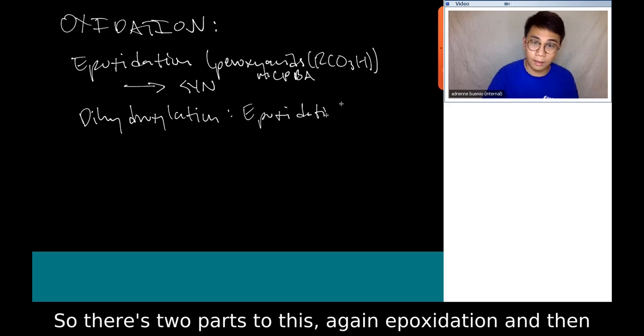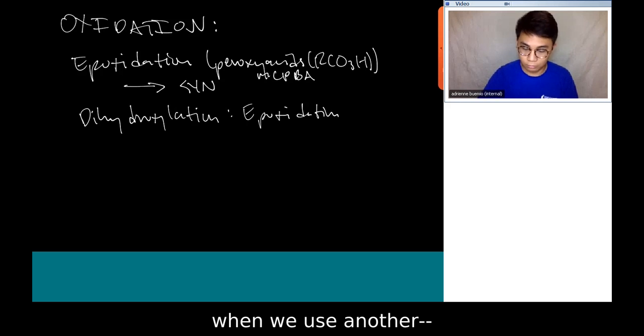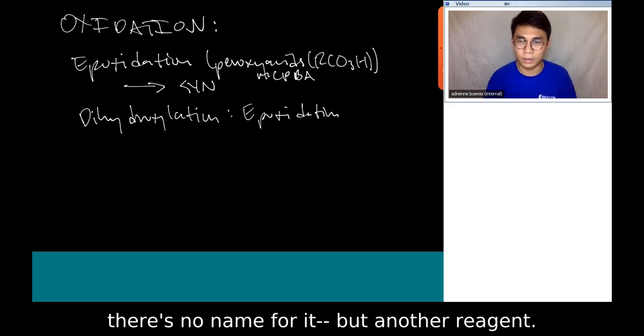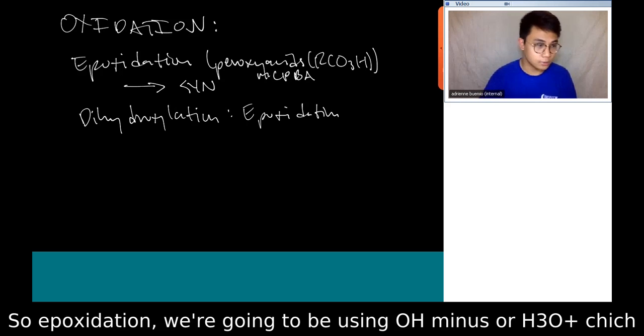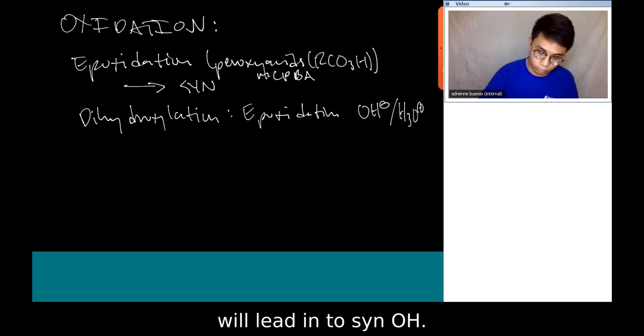And then we have, when we use another, there's no name for it, but another reagent. So epoxidation is we're gonna be using OH minus or H3O plus, which will lead into anti OH.